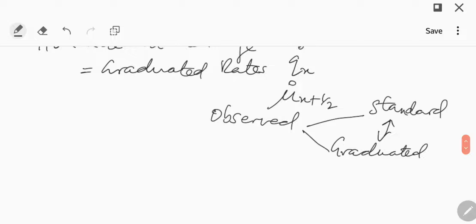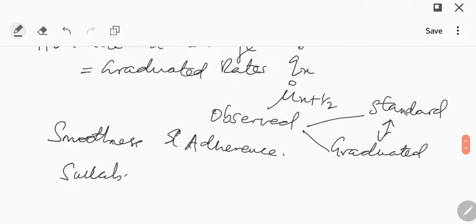So whenever we're doing any graduation, we know that it's a trade-off between the smoothness and adherence to the reality. At the same time, we're also thinking about the suitability for the process. So here we have to determine the premium so that they can be smooth.